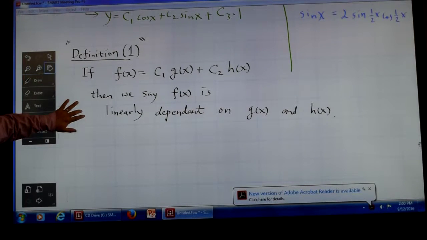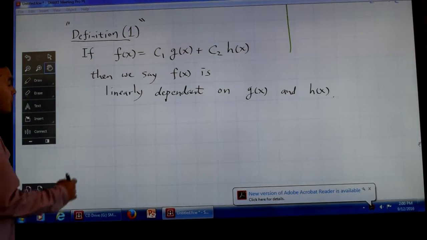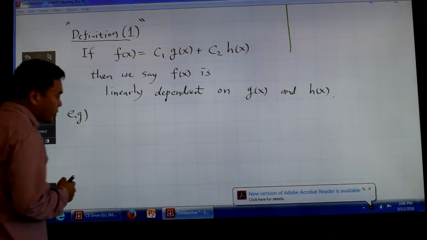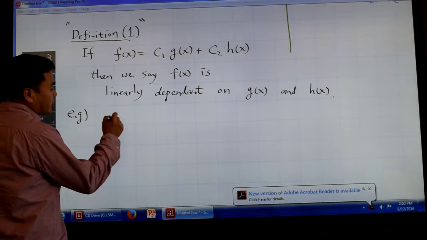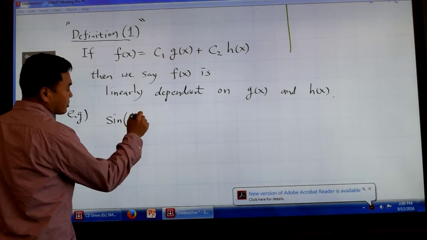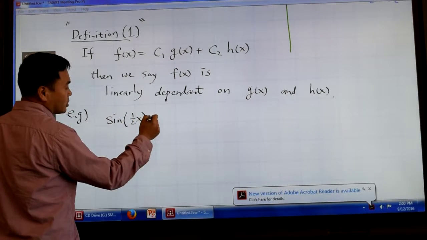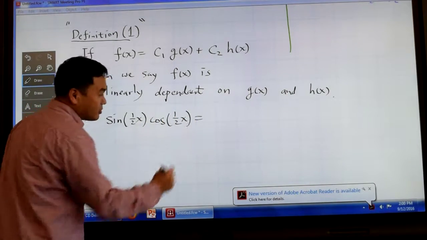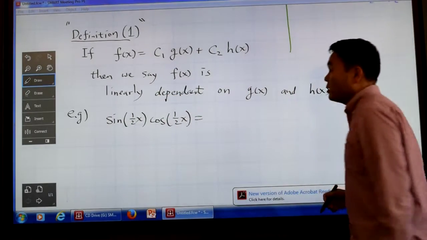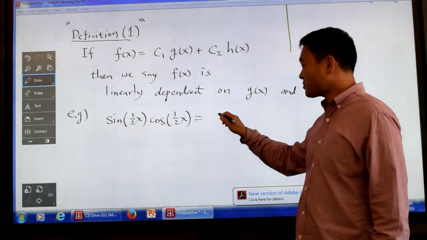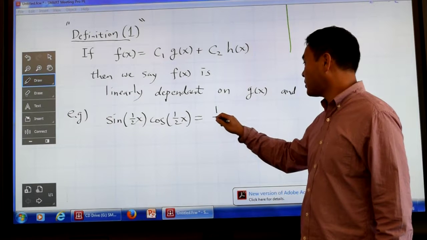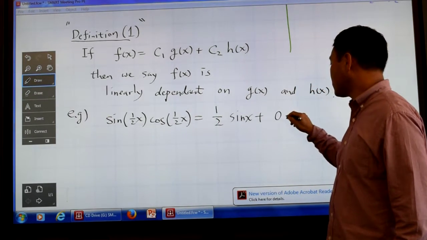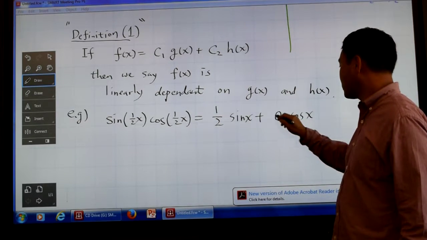So here's how we think about it. As an example, sine of 1/2 x times cosine of 1/2 x is equal to 1/2 of sine of x plus 0 times cosine x.